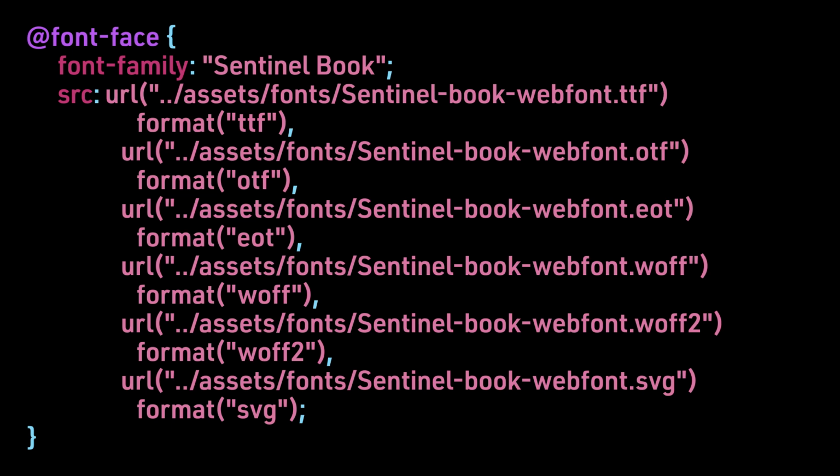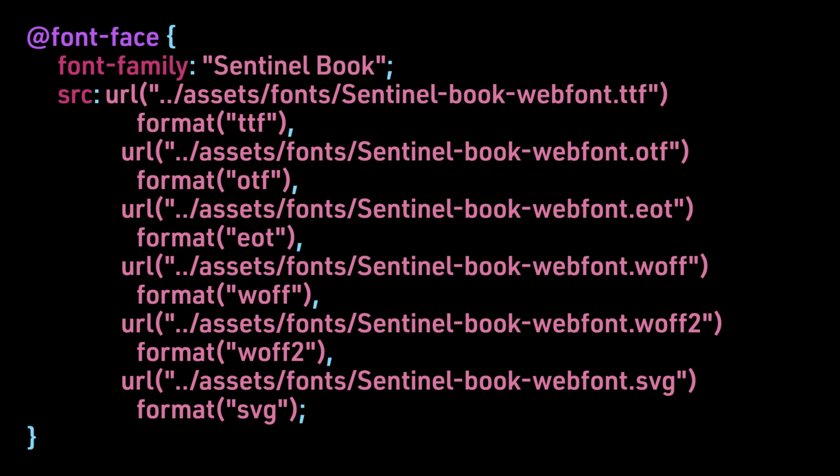In our example, we are loading the font Sentinel, which is a custom font from the former Hoefler Frere-Jones type foundry. We are loading the book weight, and you can see we are providing several font formats: TTF, TrueType, OTF, OpenType, EOT, Embedded OpenType, WOFF, Web Open File Format, WOFF2, and SVG, Scalable Vector Graphic.